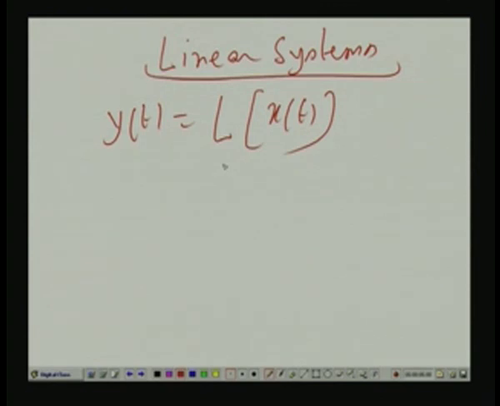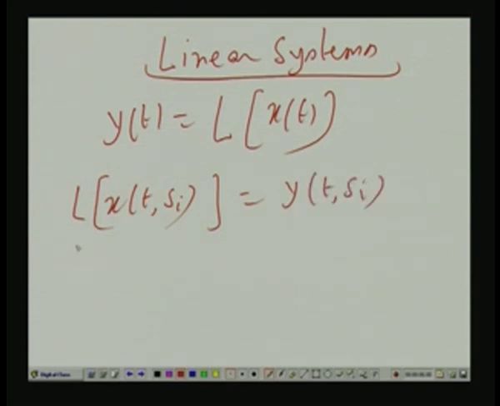A system is linear if, suppose you give one waveform x(t, s_i) for a particular outcome, L of that is some waveform y(t, s_i), and again x(t, s_j) gives another waveform y(t, s_j).